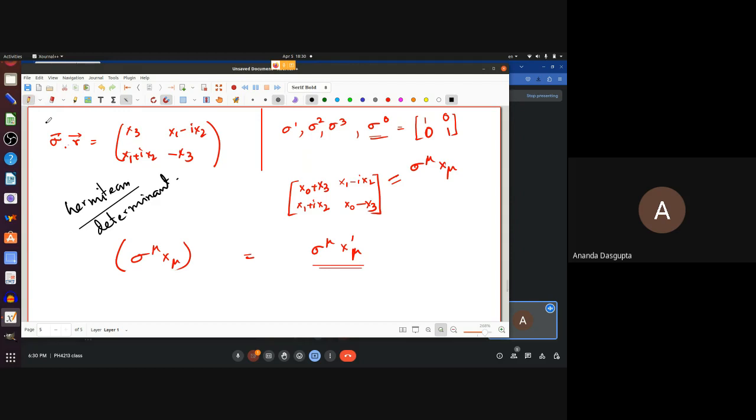So, any further ideas? Think of what you want to keep intact. You want to keep Hermiticity intact. If instead of U, you did this, where L were any 2 by 2 matrix, will the result still be Hermitian? Yes. Good. But this will, in general, change the determinant, right?